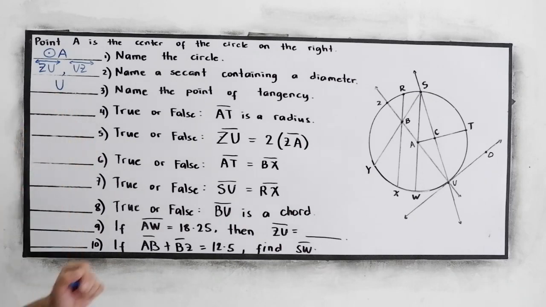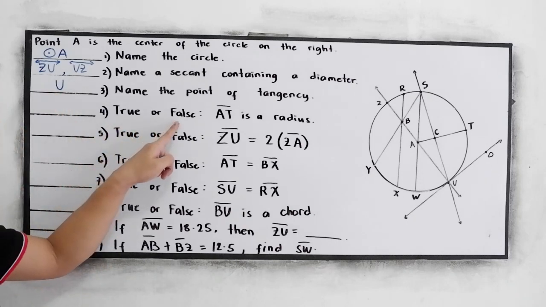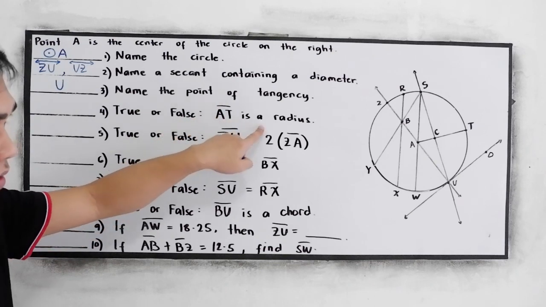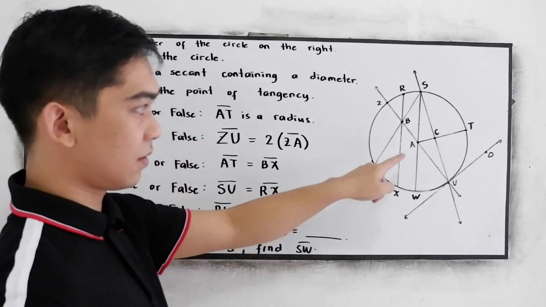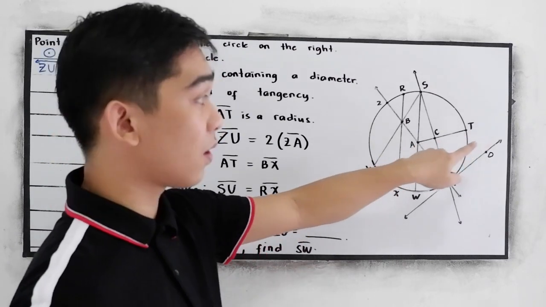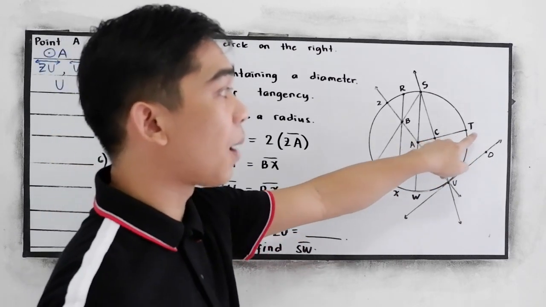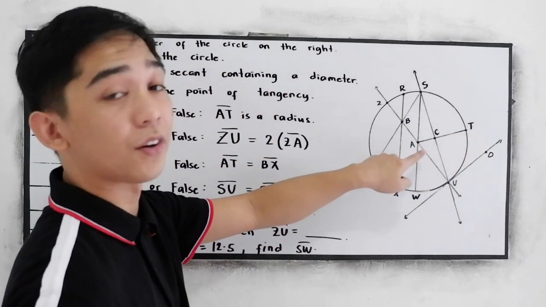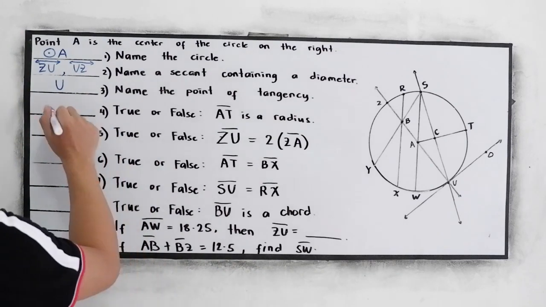Point U. True or false? Segment AT is a radius. So where is AT? Is it a radius? We define a radius as a point on a circle to the center. True.